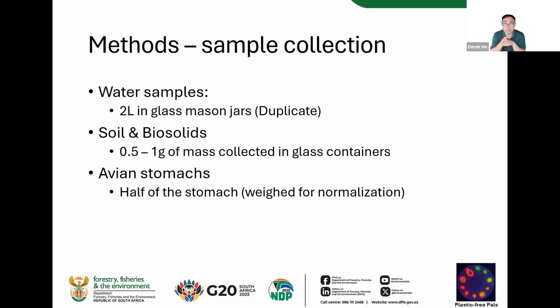For all my samples, everything was done in glass jars, of course, and we collected 2 liters of water in duplicates for water samples. For soil and biosolids, we used about 0.5 to 1 gram of mass, and for avian stomach, we used about half the stomach, and we weighed it for normalization.